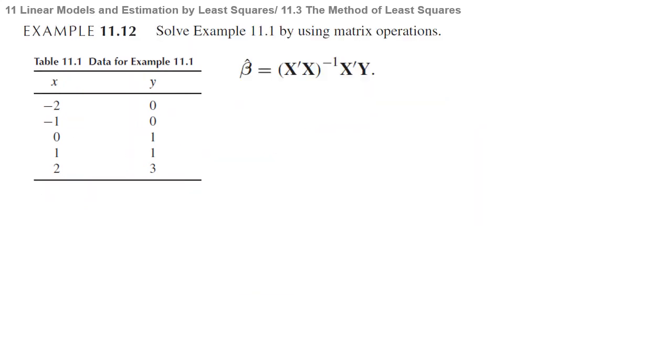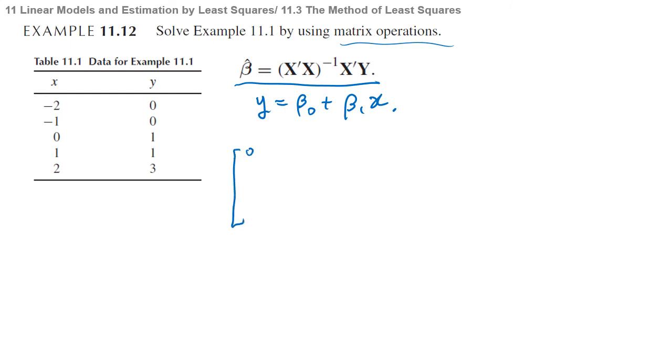And actually, you can solve it using matrix operations. To use the matrix operation, the equation is something like this. Since your model can be written as y equals beta 0 plus beta 1 x, to write it this way you can specify your y vector as 0, 0, 1, 1, 3, and this is the same as a column of 1, 1, 1, 1, 1.